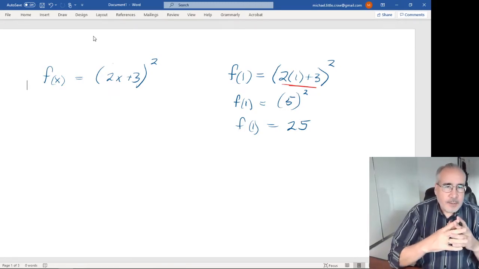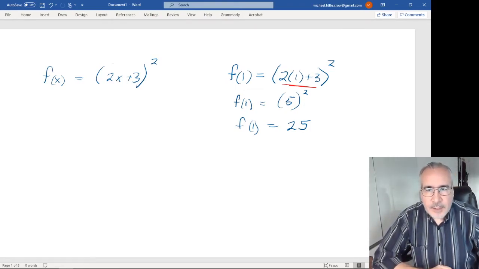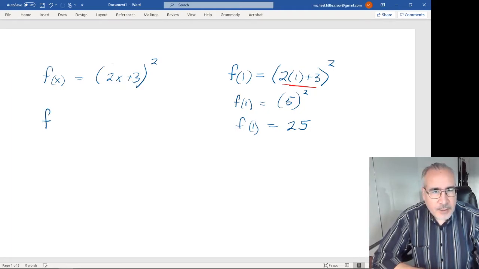Now, how does this help us in thinking about the derivative? When we take the derivative, we've got to kind of do the same thing. Following, we start on the inside and then we do the outside as well. And notice the outside, the inside's still in there, right?